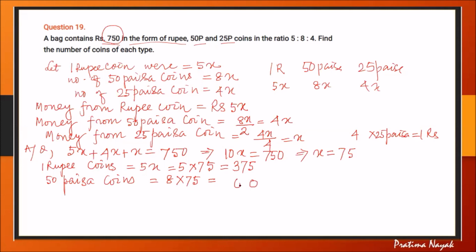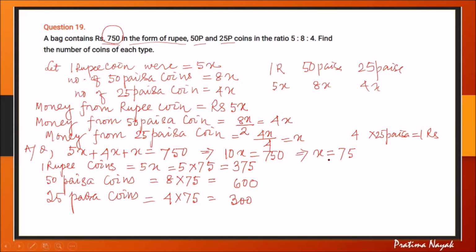It will be 600. Next is 25 paisa coins. It is how many? 4x. So 4 times 75. It will be 300. So this is the answer.